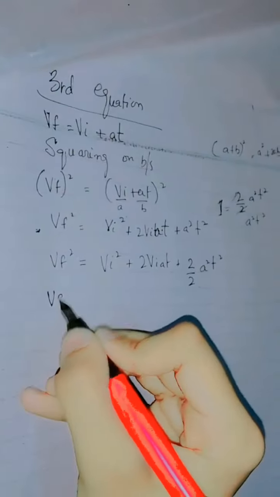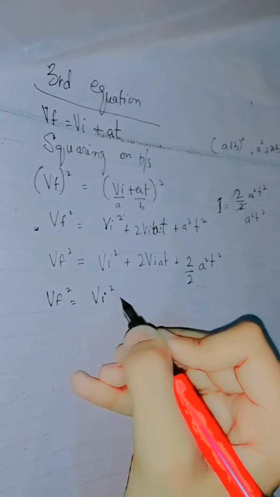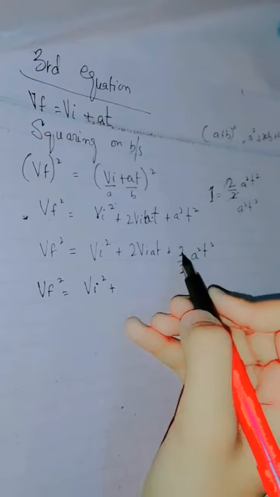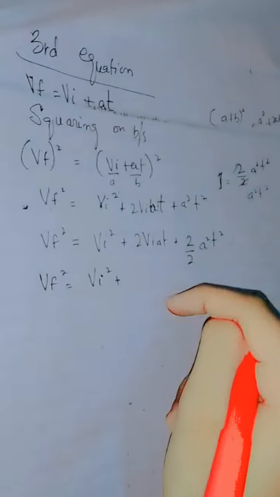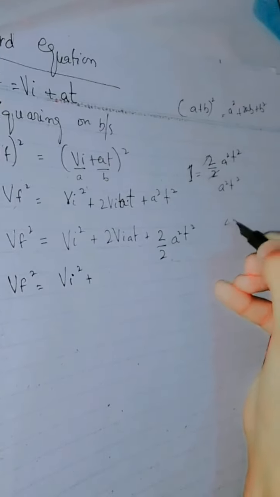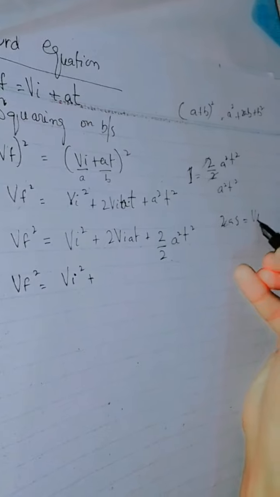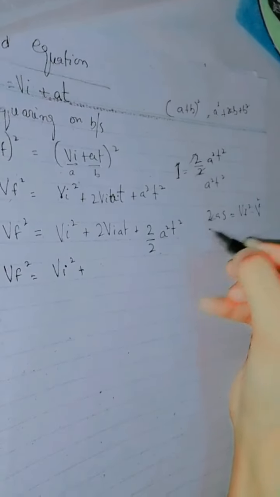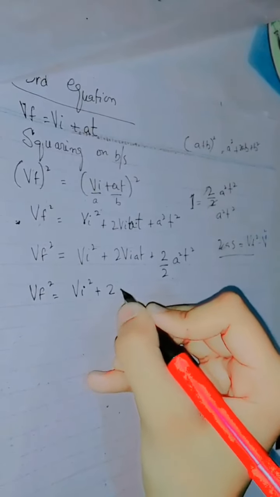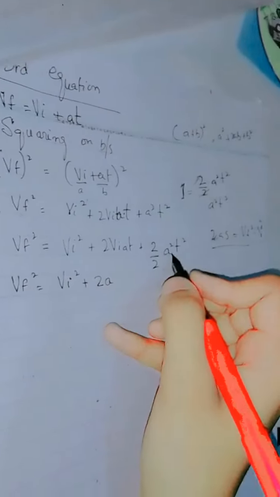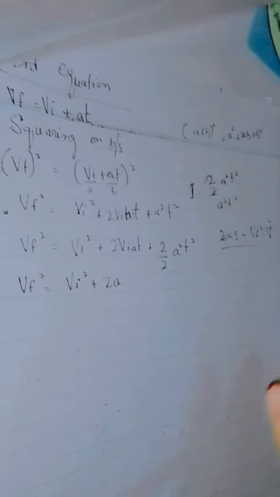Now Vf square is equal to Vi square. Here in both of these we'll take 2 and A as common, because we have to prove the equation 2As is equal to Vf square minus Vi square.